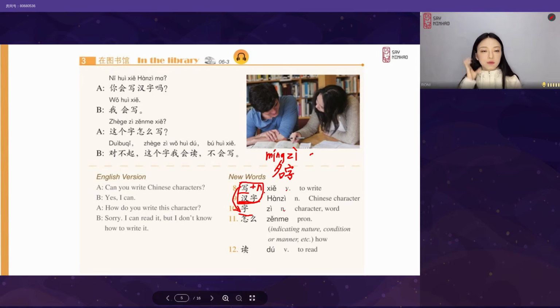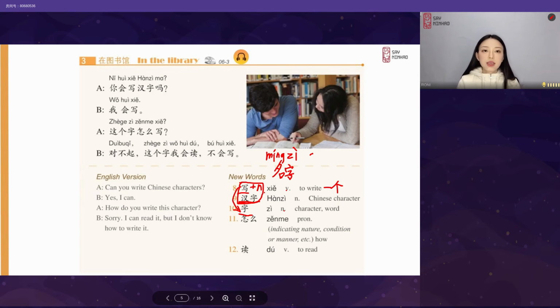Now try to say one Chinese character. Is it 一汉字? We need a measure word between, so it is 一个汉字. 个 is a very useful general measure word. Okay, 一个汉字.